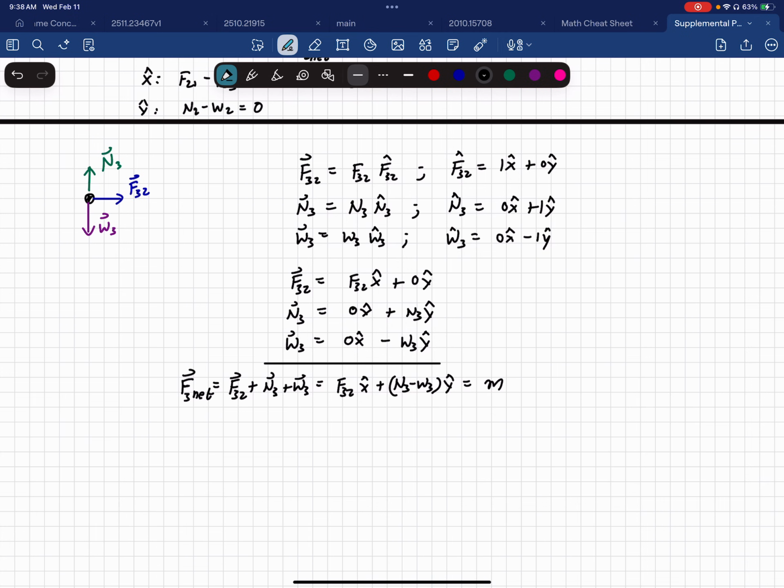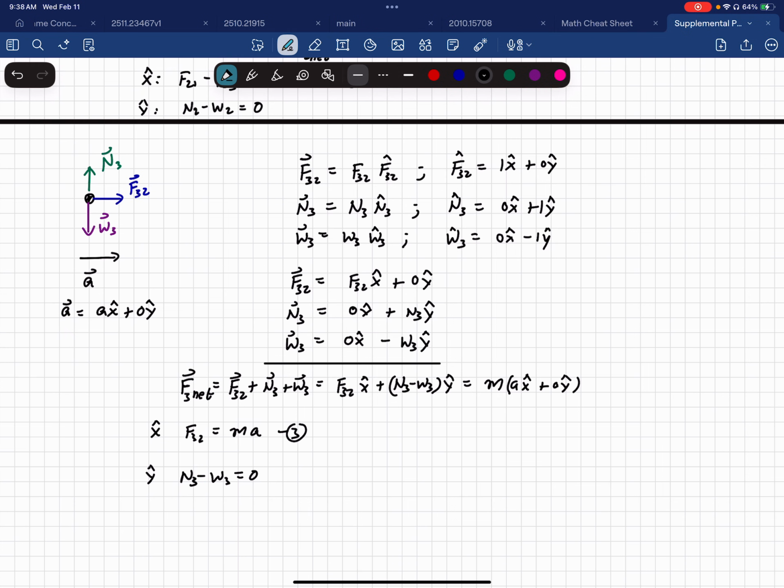This again, same acceleration that we all did. Again, the same thing that you get. So F32 is MA in the X hat direction, and N3 minus W3 is 0. This is the third equation we got.